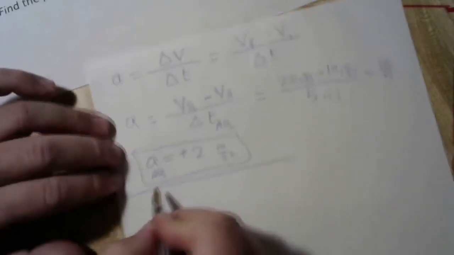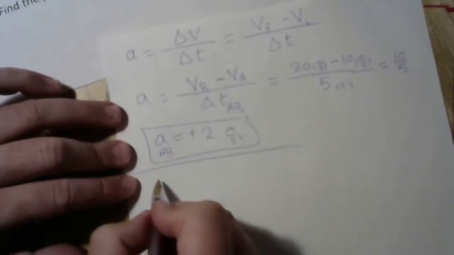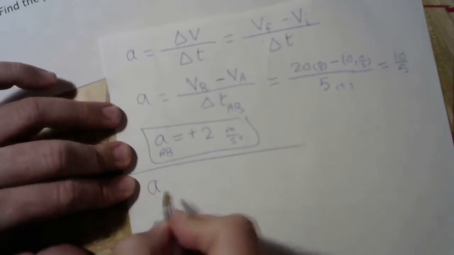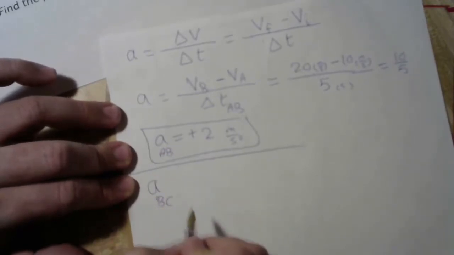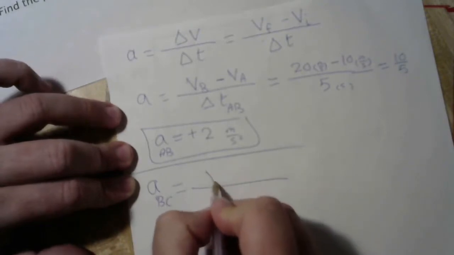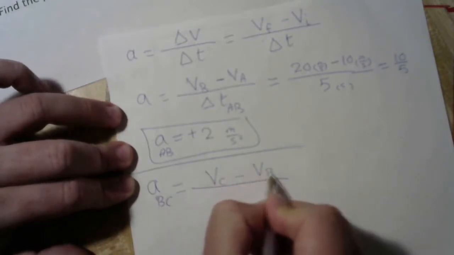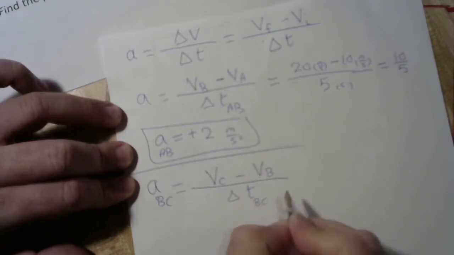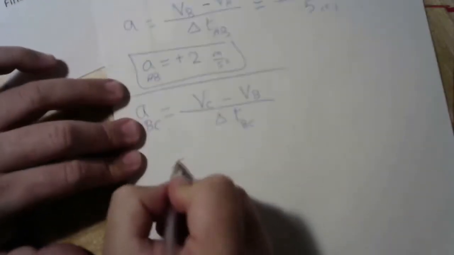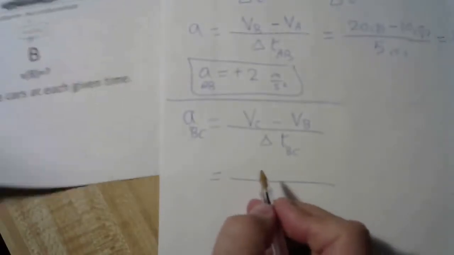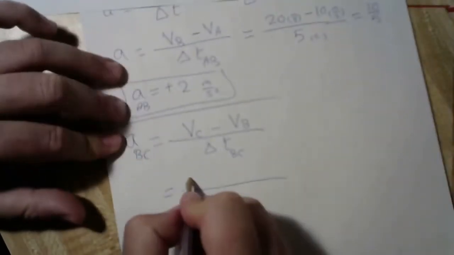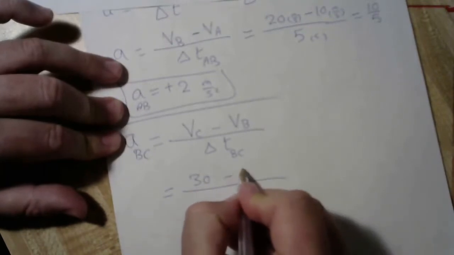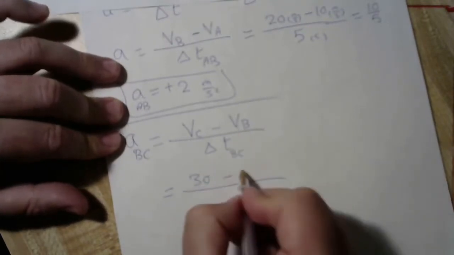What if I need to compute the acceleration between B and C? I'll find it. VC minus VB over delta T between B and C. The velocity at C is equal to 30 meters per second. 30 minus the velocity at B, which is 20.